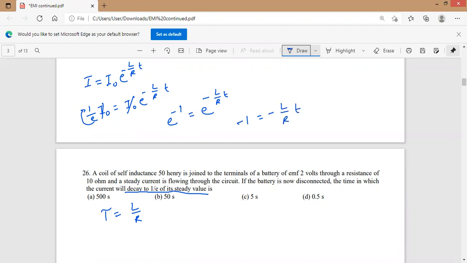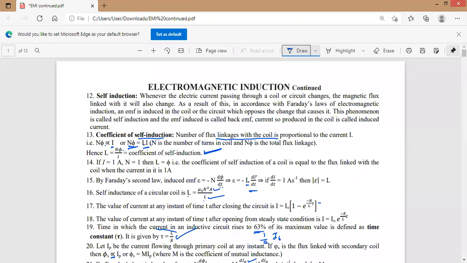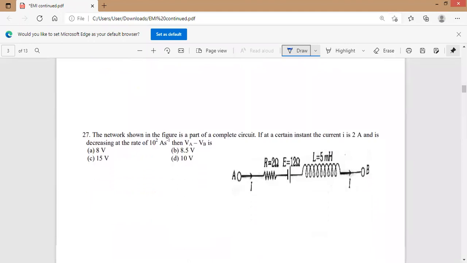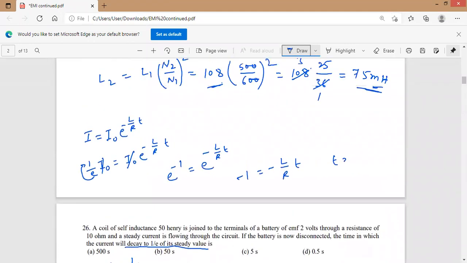Then minus 1 is equal to minus L by R into t. So the minus signs cancel, and we get t is equal to L by R. This is the expression for time constant.